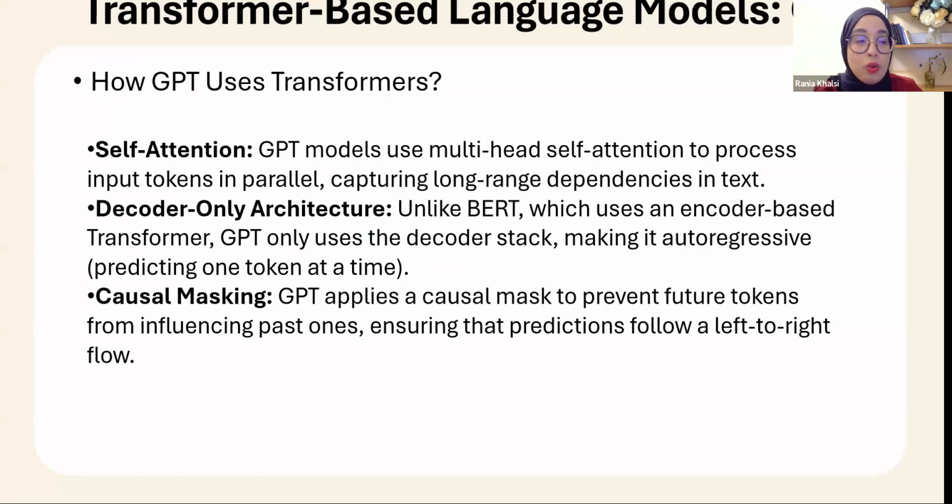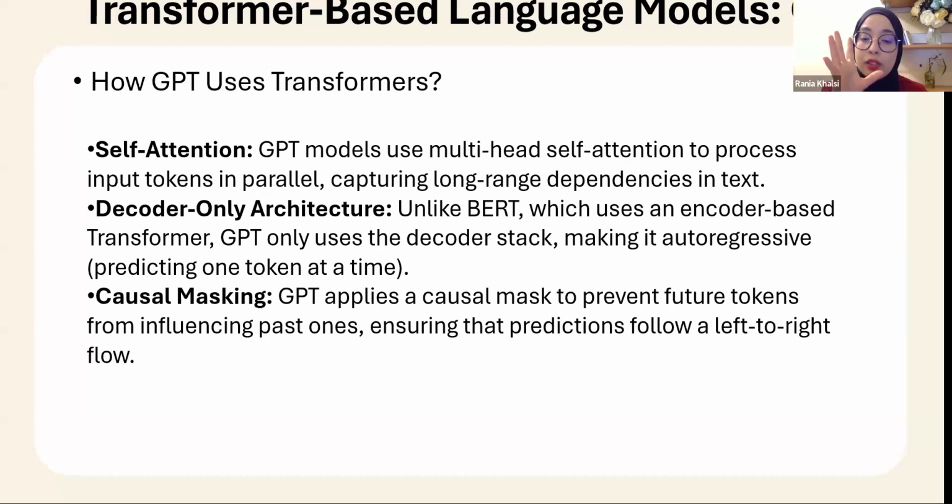Okay, so how do GPT models use transformers now? As I mentioned, they rely on the self-attention mechanism, which was introduced in the paper we've seen so far, Attention Is All You Need. The thing is that they do not use the full encoder-decoder architecture. GPT models only use one half of the transformer: they adopt a decoder-only architecture.